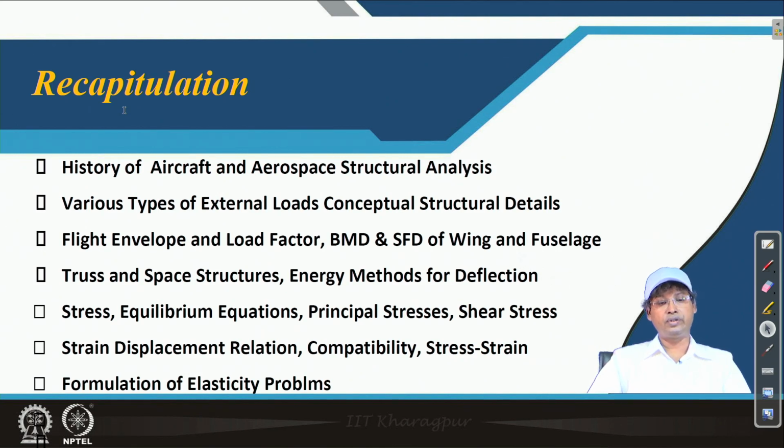Then various types of loads encountered or experienced by aircraft structure were discussed, and where those loads come from. And then we have learned that inertia loads play a huge role in design, and in that context we have learned the flight envelope.